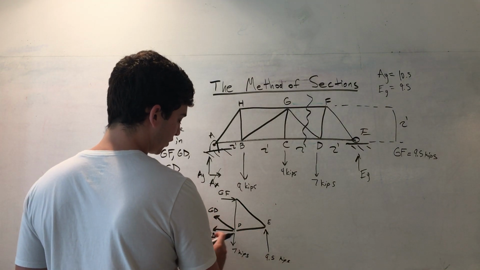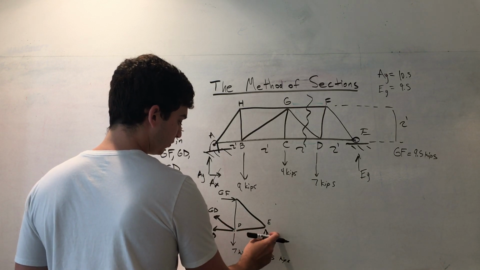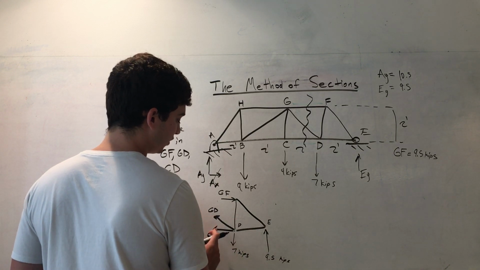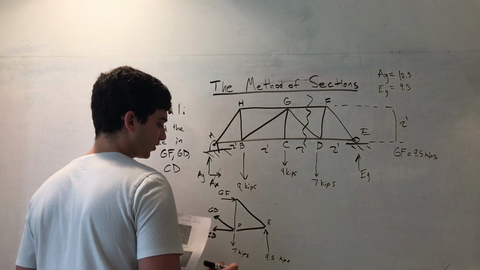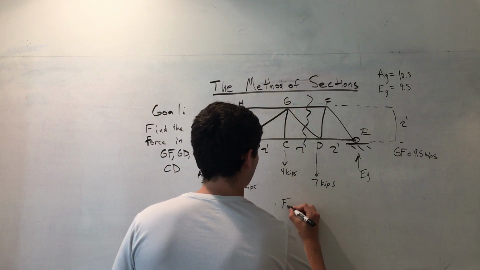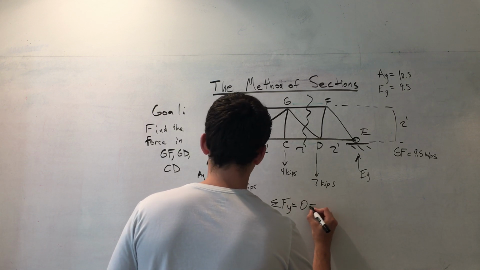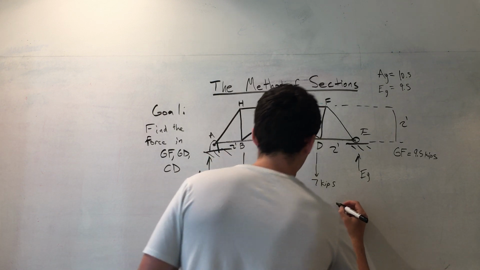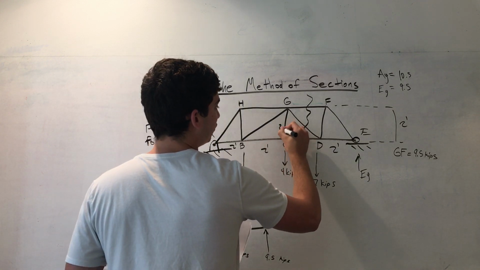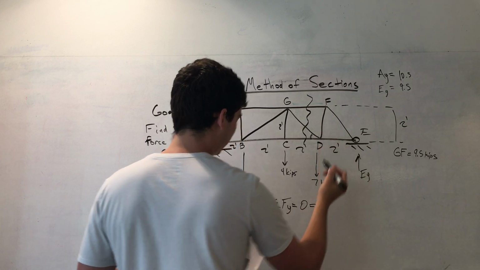If I look at the sum of forces in the Y, E_Y, I know 7 was stated in the problem, and GD is the only thing opposing those forces in the Y direction. So I'm going to solve for GD. Sum of the forces in the Y is equal to 0, which is equal to, we know that this is 2 feet and this is 2 feet, so we can say that this angle is 45 degrees.